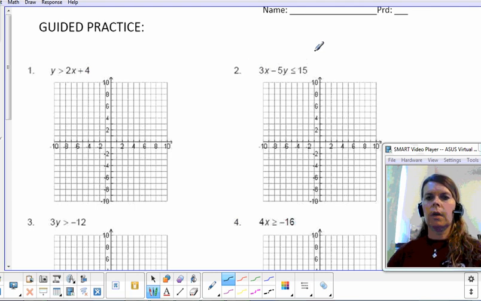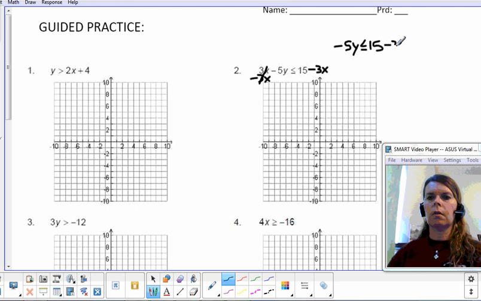So you subtract the 3x from both sides. I like to just write it right out next to it, because if we wrote it underneath, you have to write it out next to it eventually anyway, because they're not like terms. And then we have negative 5y. And then divide by negative 5.